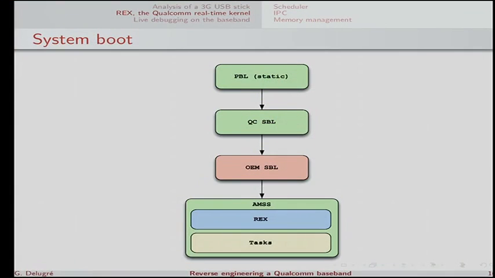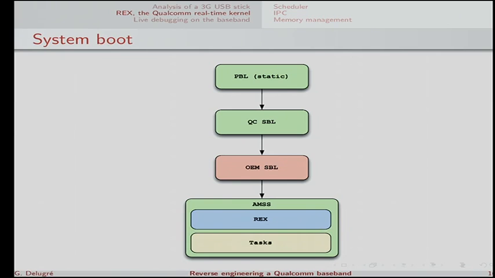So, first, how the system is booting. You've got a primary bootloader, which is stored in ROM, which is immutable, and which will read from NAND a Qualcomm secondary bootloader named QC-SBL.